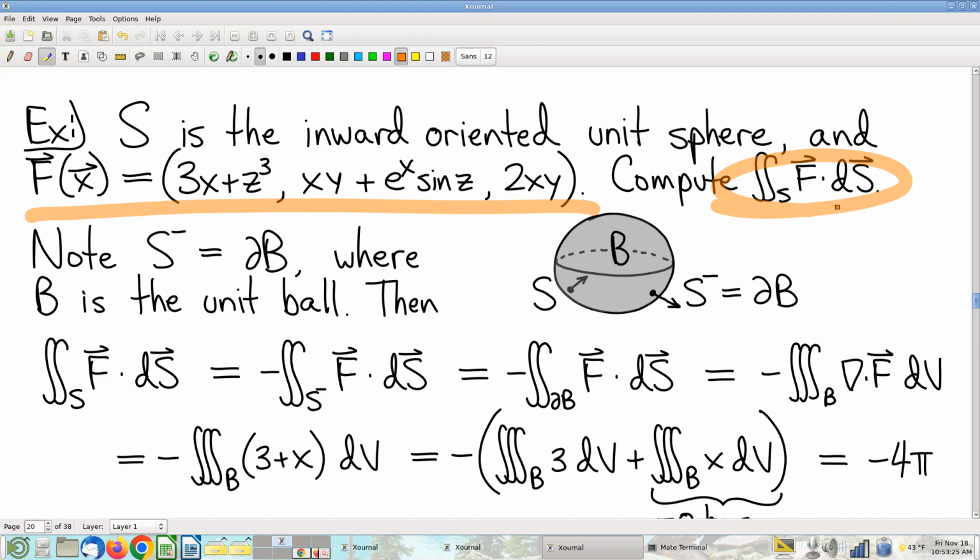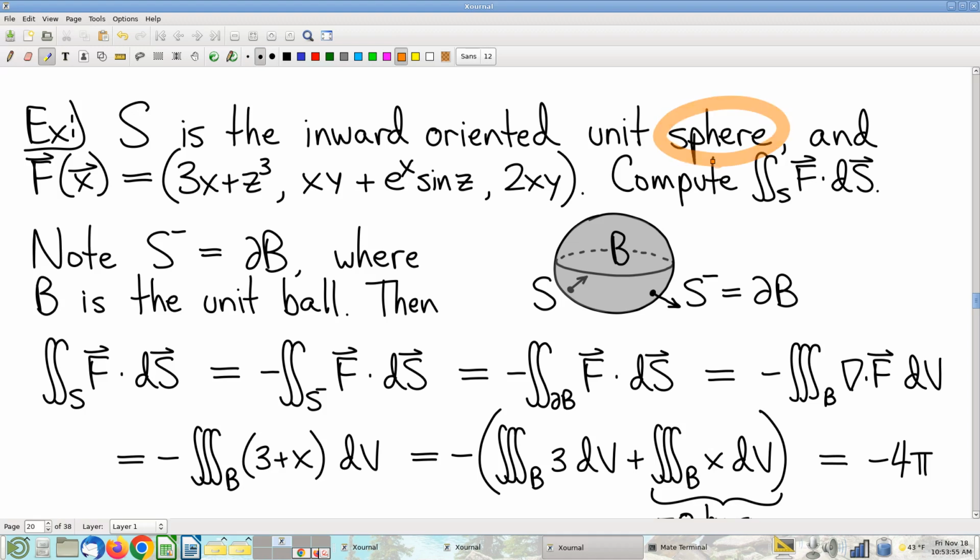How are we going to do that? You could do this the old-fashioned way, the 7.2 way. You could parameterize your surface and pull back through the parameterization. We spent a bunch of time doing this in 7.2, and you can go ahead and crank it through, and that will work technically, but man, that's going to be hard. Try to think through what would happen when you parameterize a sphere.